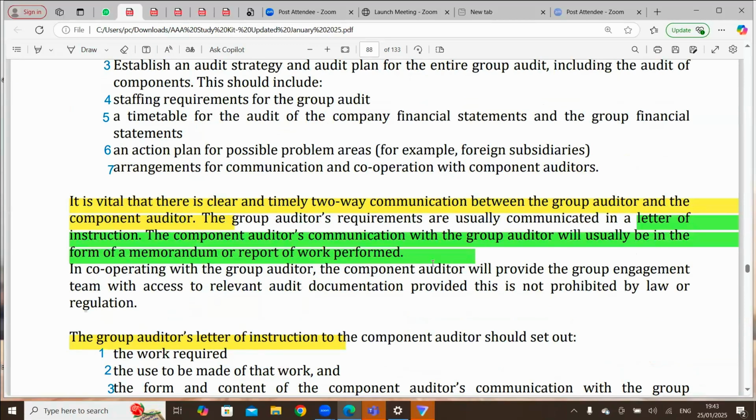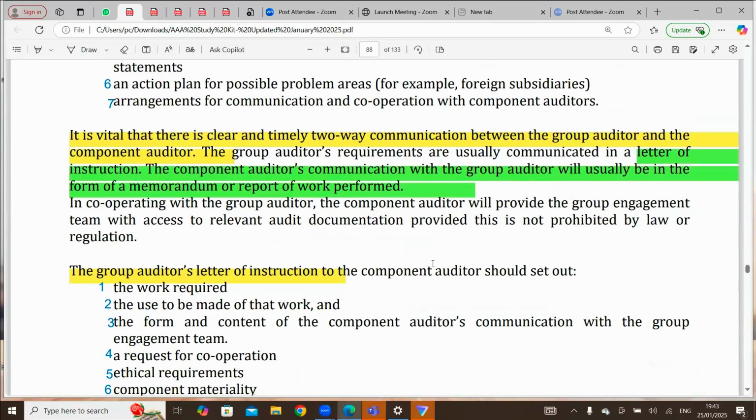That will not fly. Then another exam question is how communication is done between the group auditor and the component auditor. And that's why we said that the group auditor uses a letter of instruction, while the component auditor uses a memorandum or report of work performed.